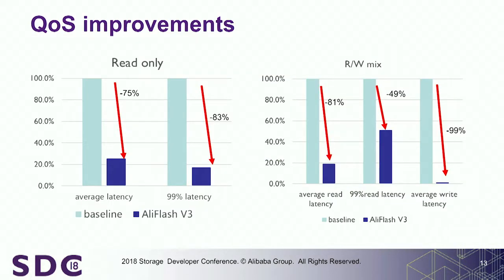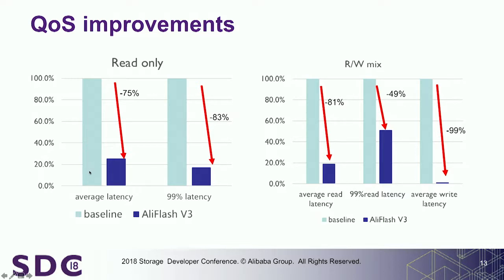So this just shows our experiment data from our user-mode FTL with the I/O scheduling scheme, which I just described on the previous page. You can see that for the read-only workload, we achieve really significant improvement.